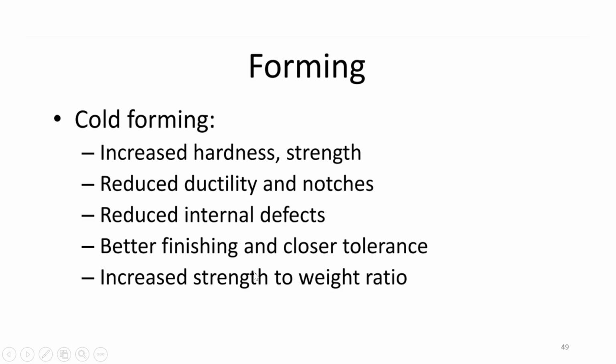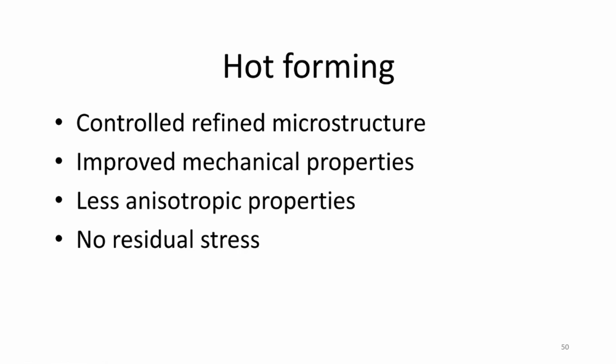In case of hot forming, you'll have a temperature higher than room temperature, higher than the recrystallization temperature. So you will have a controlled, refined microstructure, because of recrystallization the grains will get refined.